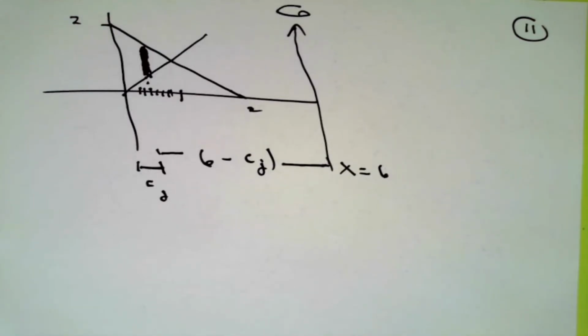So the horizontal distance of the vertical strip from the axis of rotation is 6 minus the representative x-coordinate, 6 minus cj. We now know the radius of the shell. I also need to know the vertical height of the shell. I'll think of using the y-axis as a ruler.